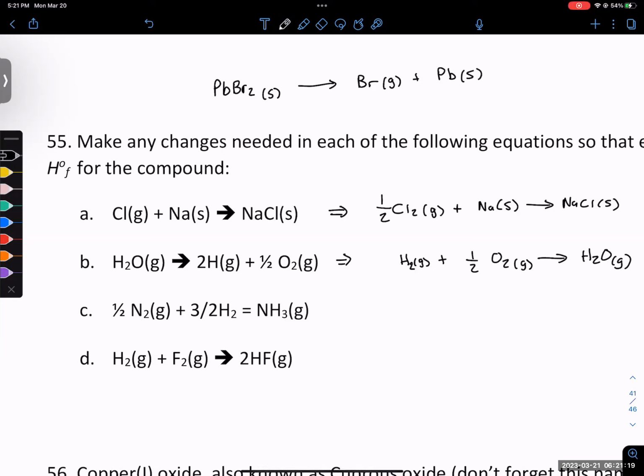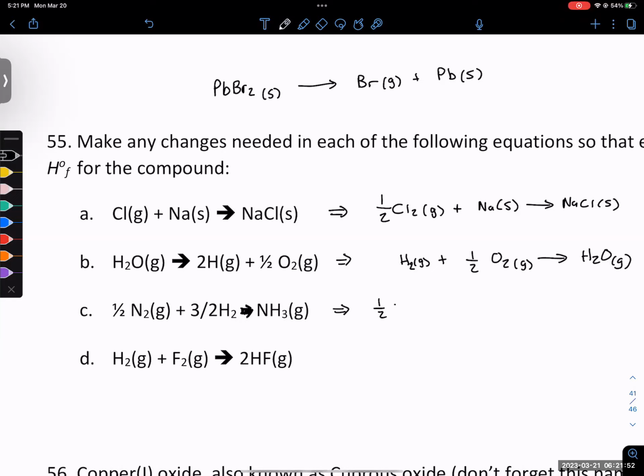All right, what needs to be done for C? There's a missing state symbol, and an equal sign instead of the arrow. Yeah, the equal sign is my bad, that should have been an arrow. On Word, you do 2 equal signs and a greater than symbol, and it gives you the arrow. I must not have done the other equal sign. So let's pretend that's an arrow. And you said state of matter for hydrogen, right?